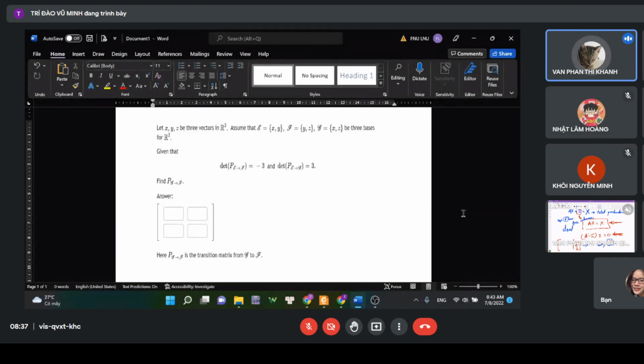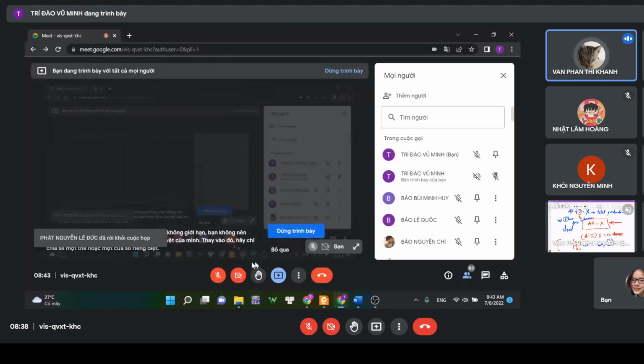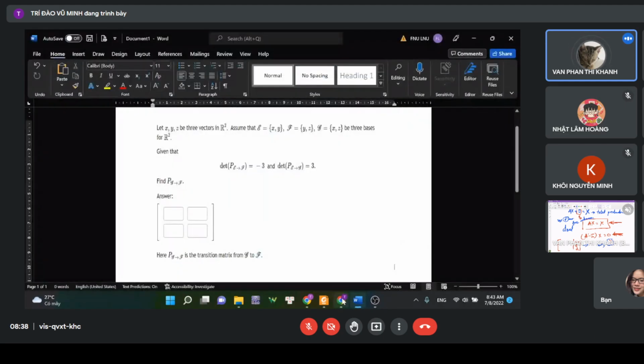No, we can't find it. This question has problems. We can't solve this problem, because if you know just the determinant, you can't find the matrix. We have infinitely many matrices, so not this one.